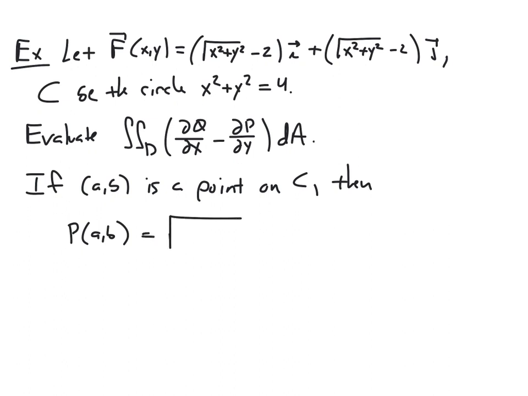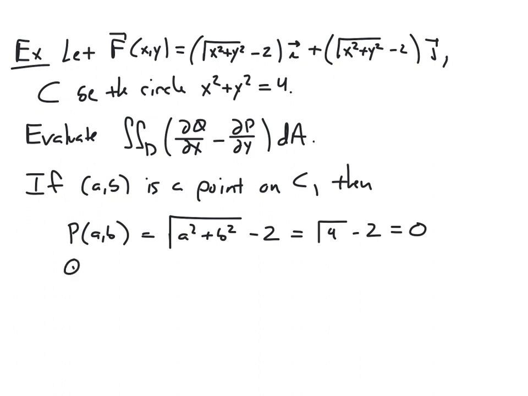So we're going to take the square root of a squared plus b squared minus 2. This is P of (a, b). Doesn't look like this helps us at all, but remember (a, b) is a point on circle C, which tells me that a squared plus b squared is equal to 4. So we know this is just the square root of 4 minus 2, which is equal to 0.